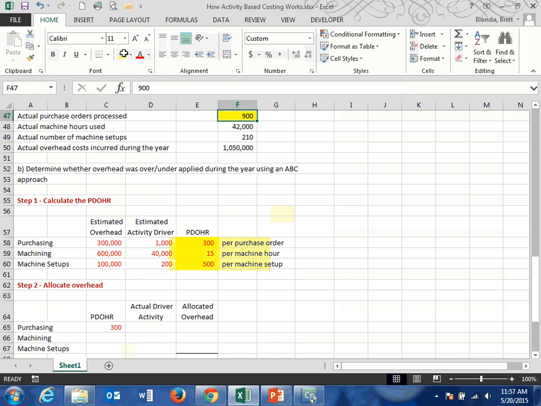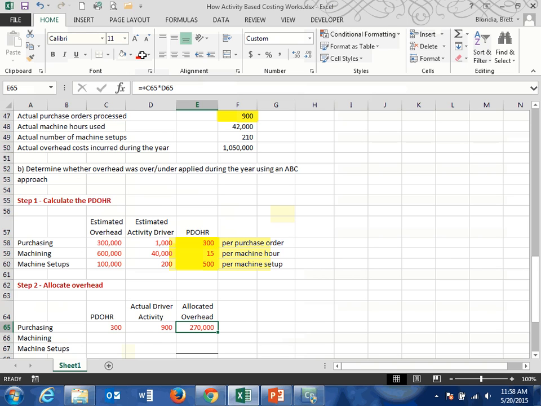So if I take $300 and multiply it by 900 purchase orders, that means I'm going to allocate overhead. 300 times 900 is $270,000 worth of allocated overhead.